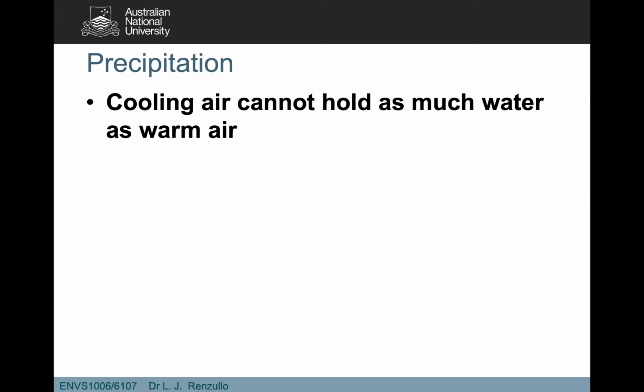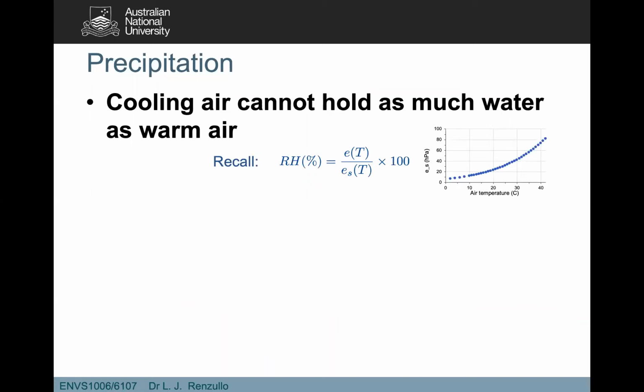So cool air can't hold as much water as warm air. Remember, through that saturation vapor pressure relationship, this graph on the right shows saturation vapor pressure as a function of air temperature. And for any given air parcel, it has a vapor pressure.